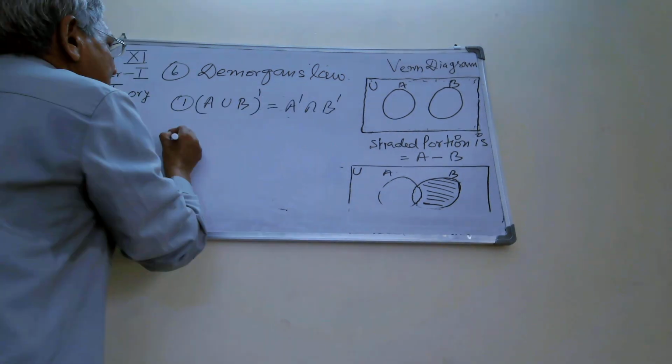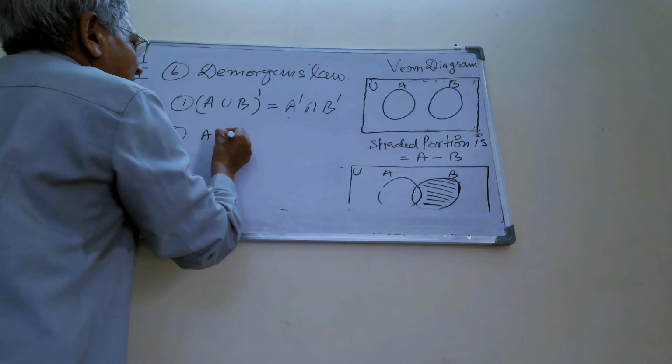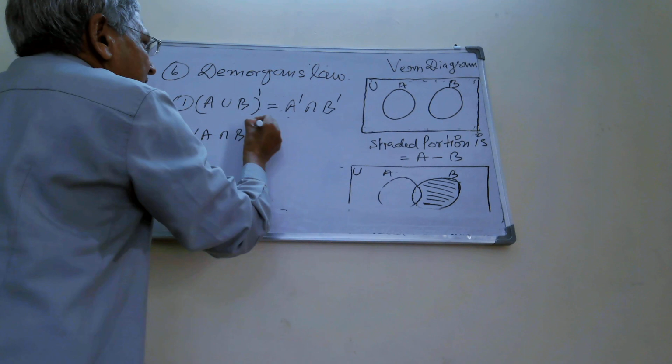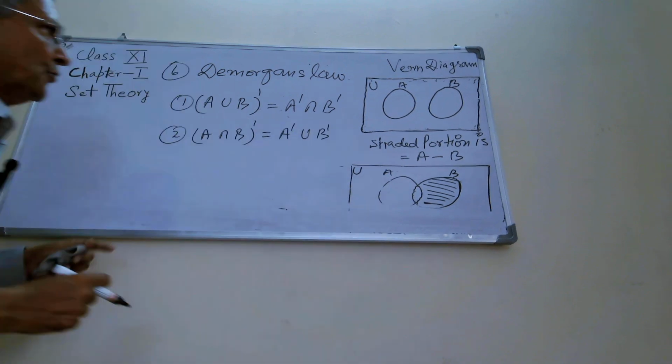Second law, complement of A intersection B is equal to A complement union B complement, opposite to each other.